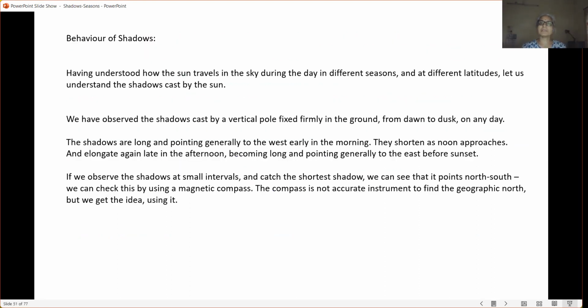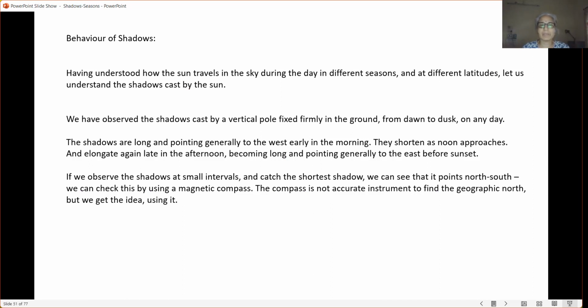Okay, now after having seen the path of the sun in the sky at different times of the year and different latitudes, let's go back to shadows once again. We saw how the shadow behaves on one single day, on any day of the year.